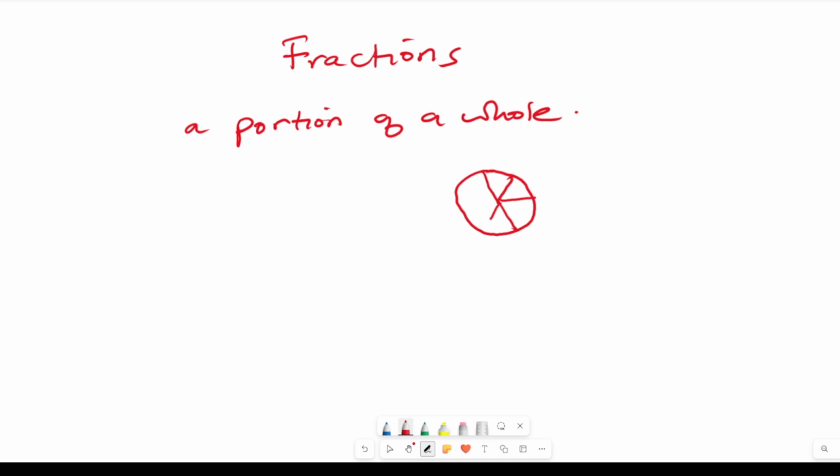So here you can drop your comment on your favorite kind of pizza, whether you like meat feast or cheese and tomato or whatever. But you have a whole pizza and then it's divided into bits.